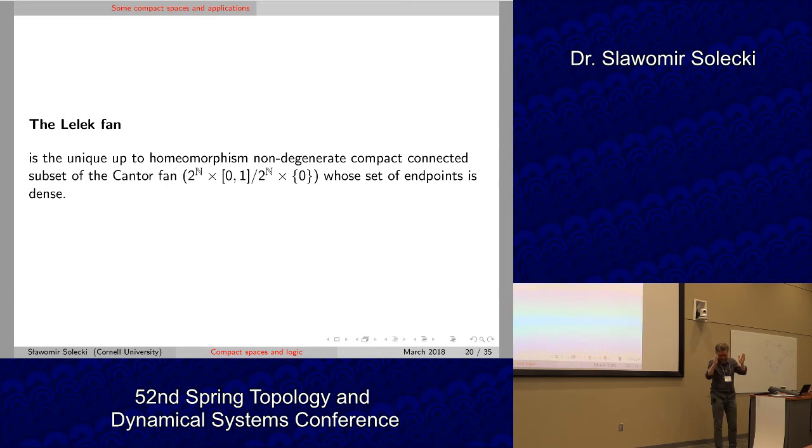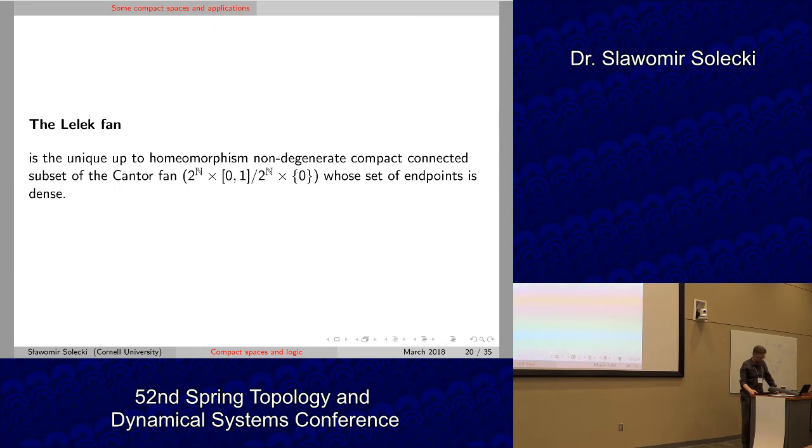So there's a compact set, and inside of it I find a unique, up to homeomorphism, compact subset with the property that it's connected, and if you look at the rays, the endpoints are dense.